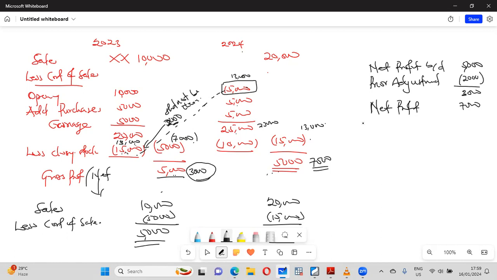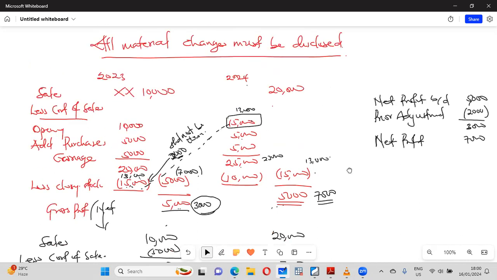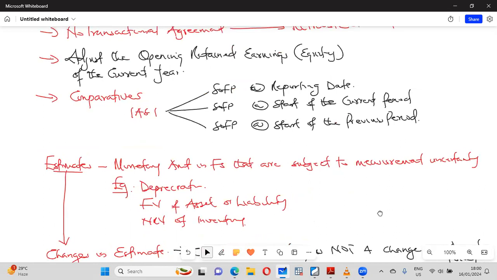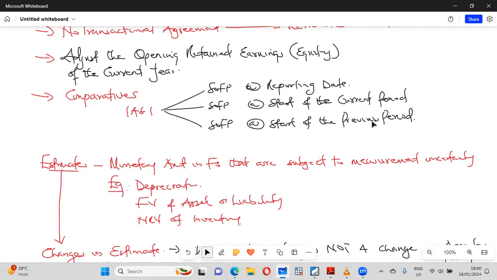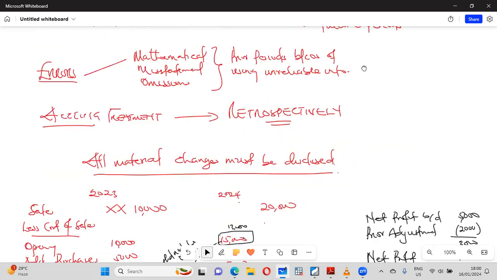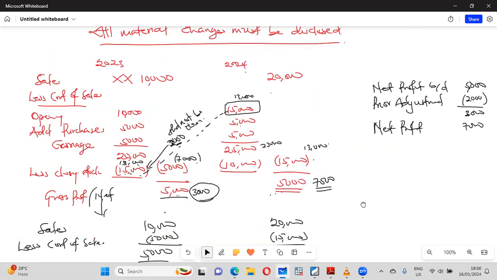That's why we say that in terms of presentation, present the reporting date of the current year, then the start of the current year, then the one of the previous year. So you see how the effect can be.